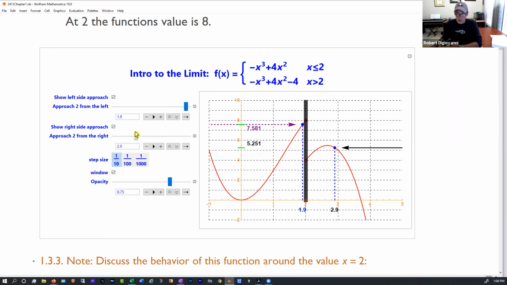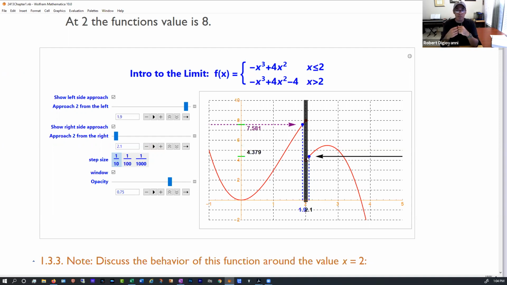They actually go up to about 5 or about 5.5, and then they come down and they look like they're approaching, I don't know, would you all say 4? Looks like they're kind of coming down back to 4. So from the left, it's approaching 8. From the right, it's approaching 4. And at 2, the value is 8.